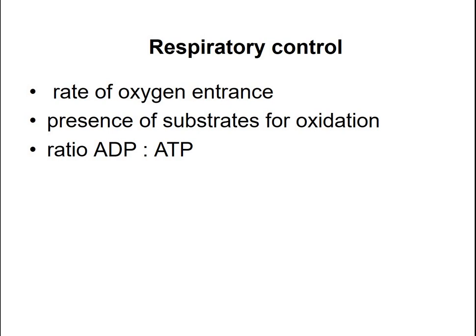As a result, the oxidation reaction rate will decrease and ATP production will decrease too. This mechanism, when ATP production depends on oxygen entrance and the ratio between ADP and ATP level, is called respiratory control.